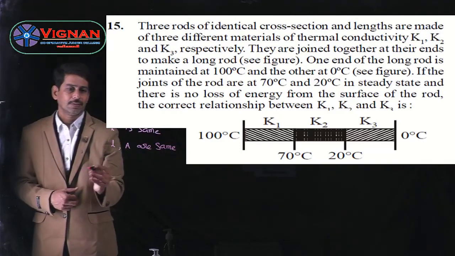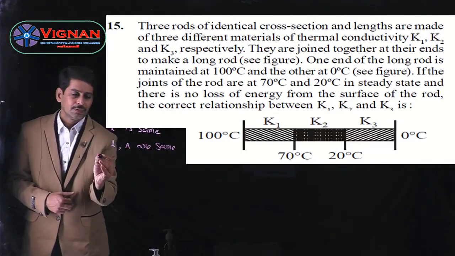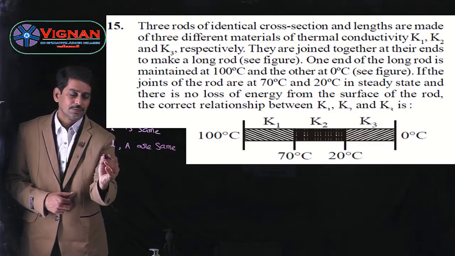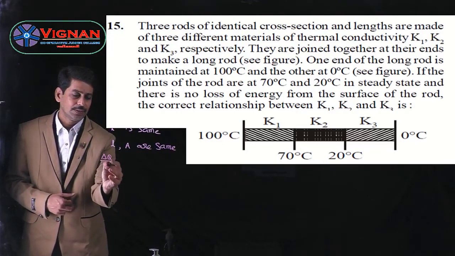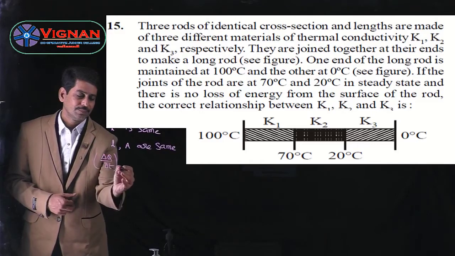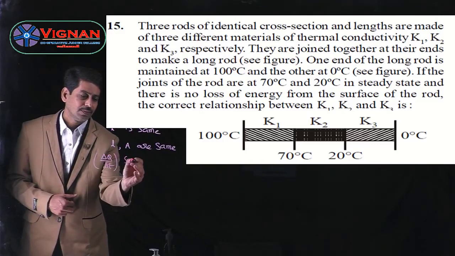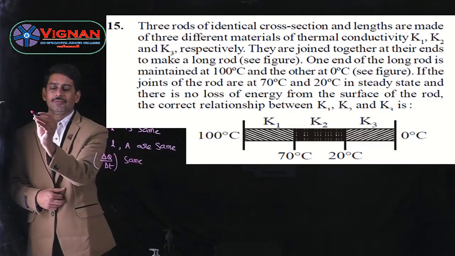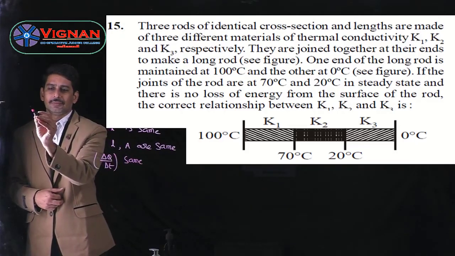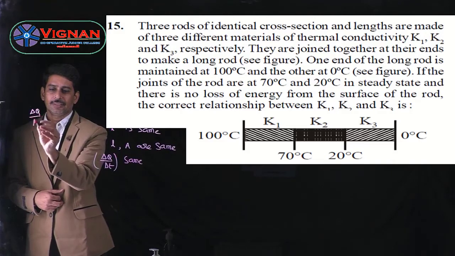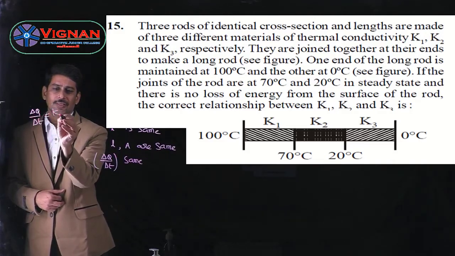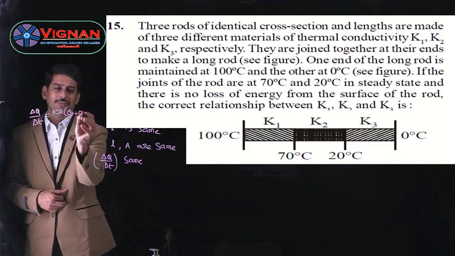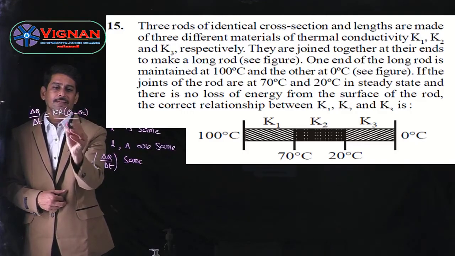So delta Q by delta T is the same in all rods, and we know delta Q by delta T is equal to KA(theta 1 minus theta 2)/L.